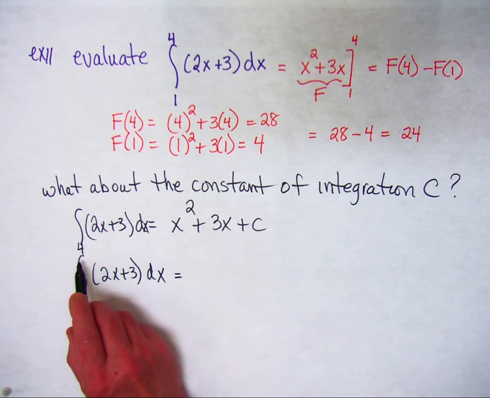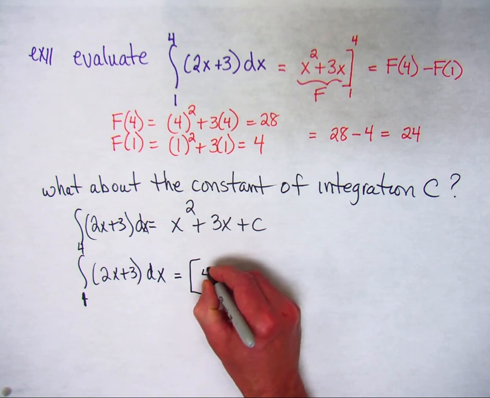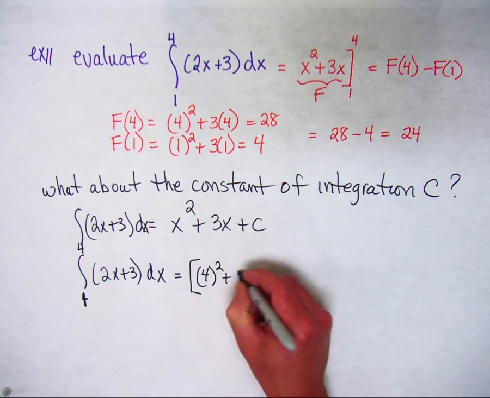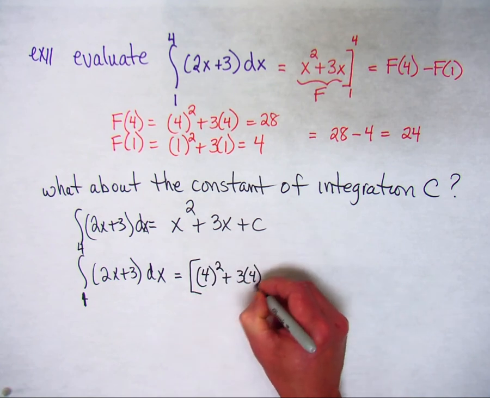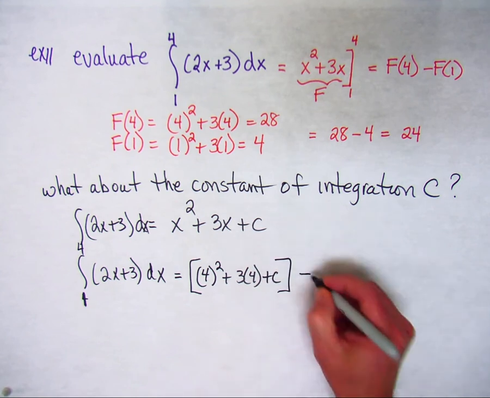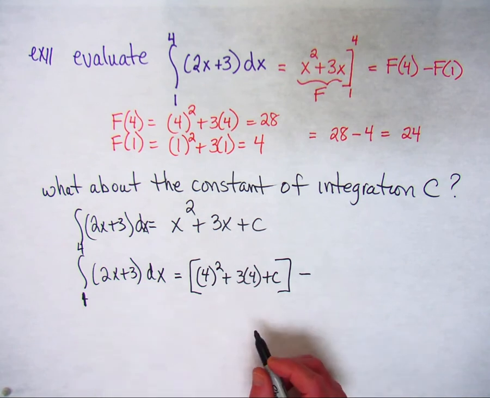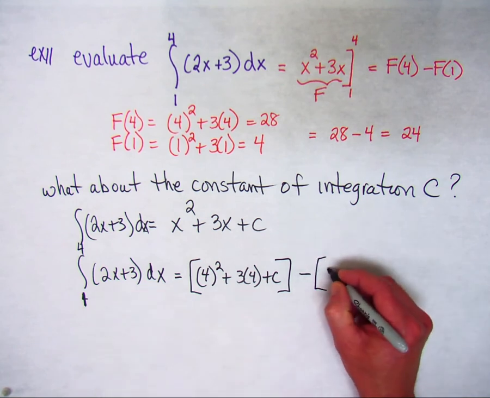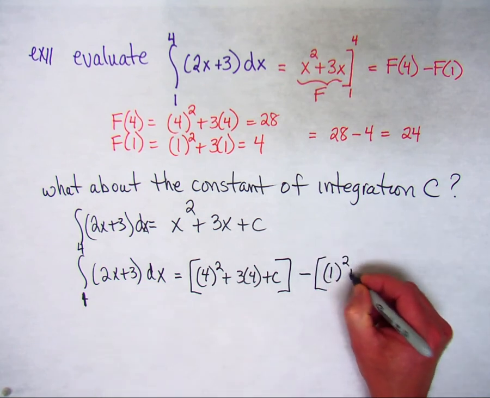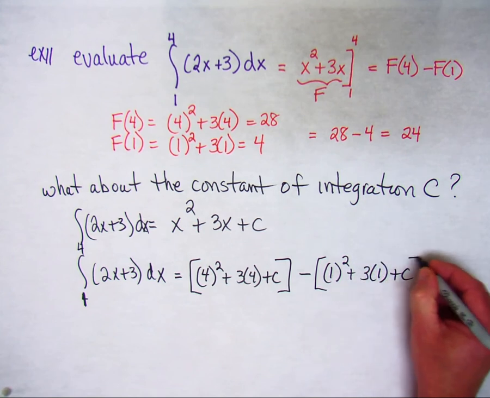So first of all, I'm going to plug 4 into my antiderivative, and I'm going to get 4 squared plus 3 times 4 plus c. And then I'm going to subtract what I get when I plug 1 into my antiderivative, which would be 1 squared plus 3 times 1 plus c.